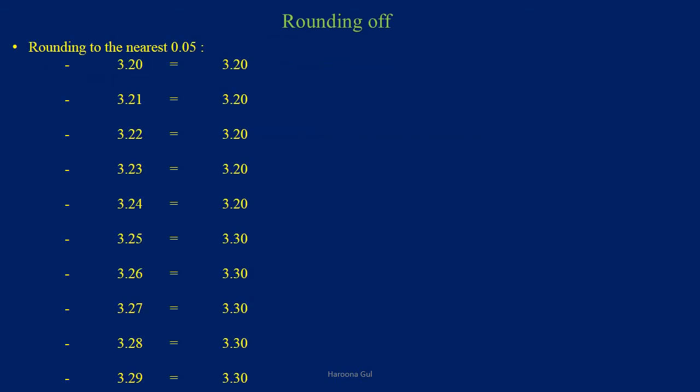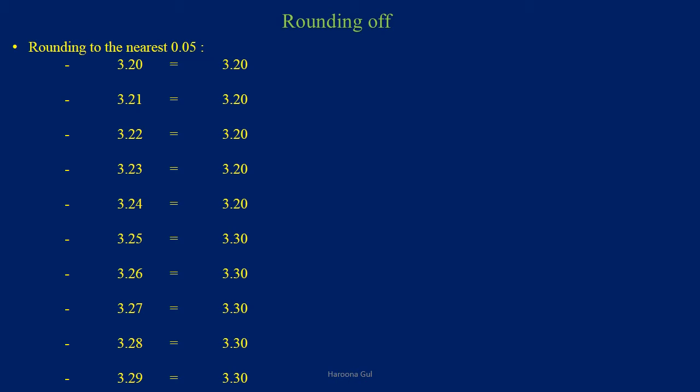If we are asked a question on rounding off a number to the nearest 0.05, what we're going to do is look at the target digit. Now, this is explained by a very simple example, 3.2. And the hundredths digit keeps changing from 0 to 9, right?